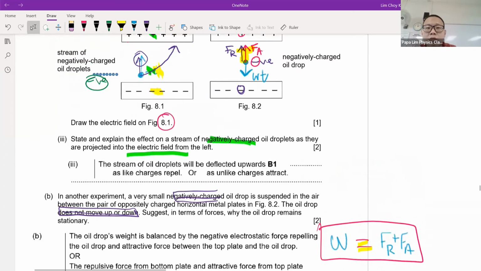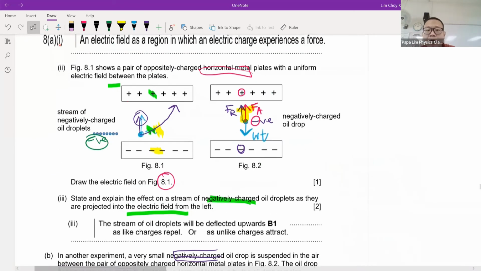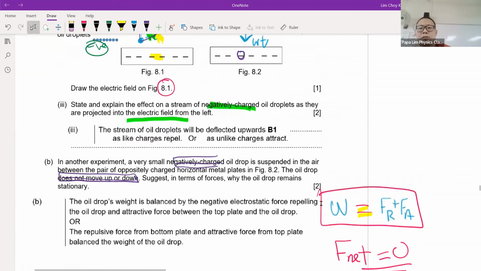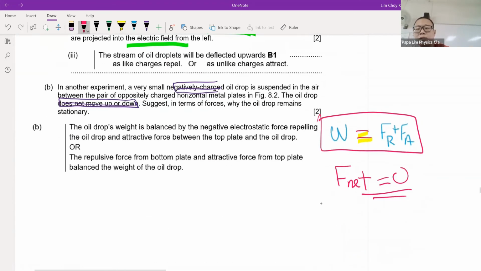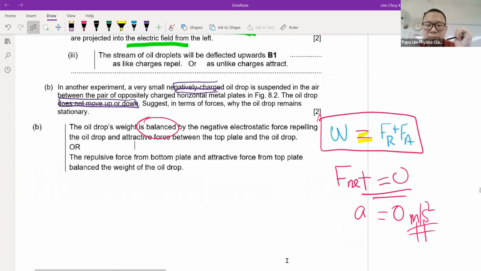So even though there are three forces on the oil drop, because the weight is as big as the sum of the repulsion and attraction force, you'll find that eventually the oil drop will still be floating in the middle, because it will be stationary. The acceleration is 0 meters per second squared. It is stationary because the oil drop is balanced by the repulsion and attraction force.